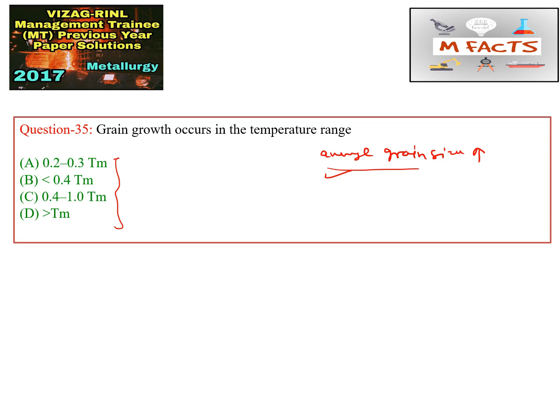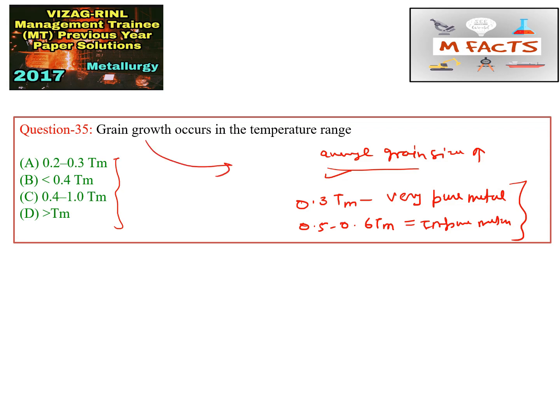So once the whole material recrystallizes, grain growth occurs, and in this grain growth, average grain size increases. The recrystallization temperature for pure metal is 0.3 Tm, that is for very pure metals, okay. And for impure metals, or you can say for alloys, it is 0.5 to 0.6 Tm. And this grain growth happens once all the recrystallization takes place.